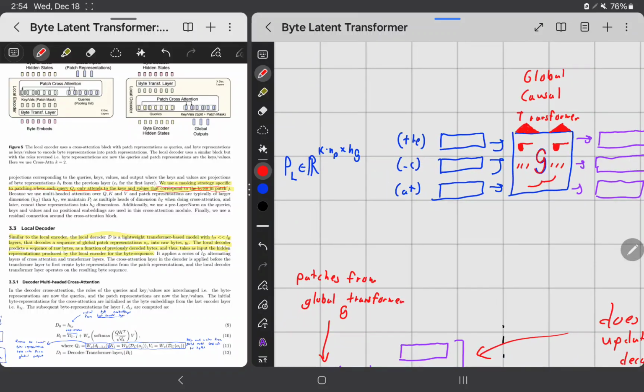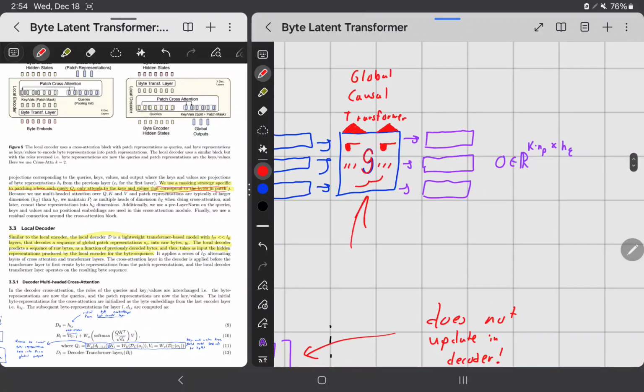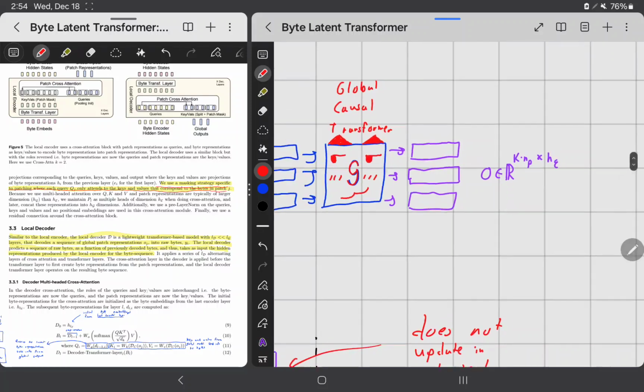G. So these are your tokens here. These are your patches here that you're sending through the transformer. So you take these patches and you send them through your big transformer. So this transformer here is going to be like what you would normally use in an LLM. So GPT style, just throw a ton of layers at it. This is going to be the massive transformer where all your parameters go into.